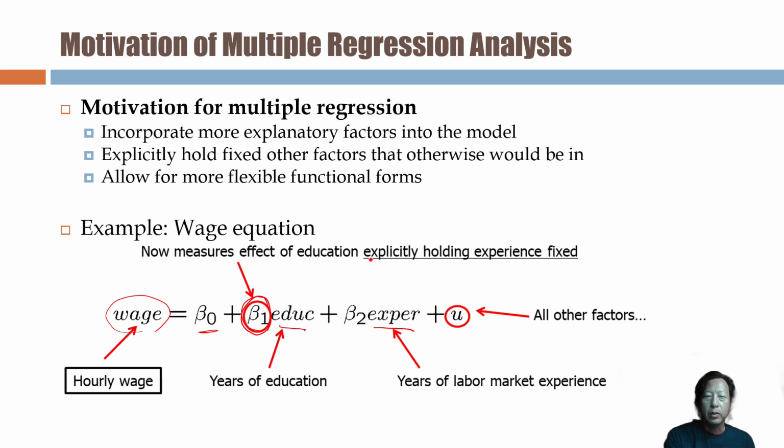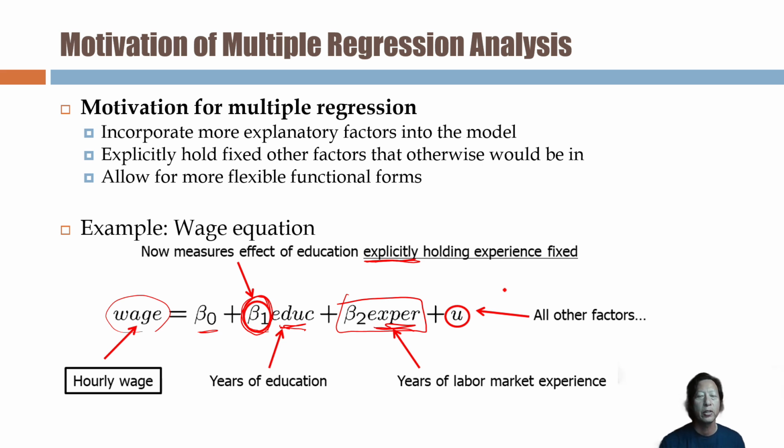What does it mean? It means we hold experience and everything else fixed. Here we have only two factors, but even if we had many more, we hold everything fixed and change only education.